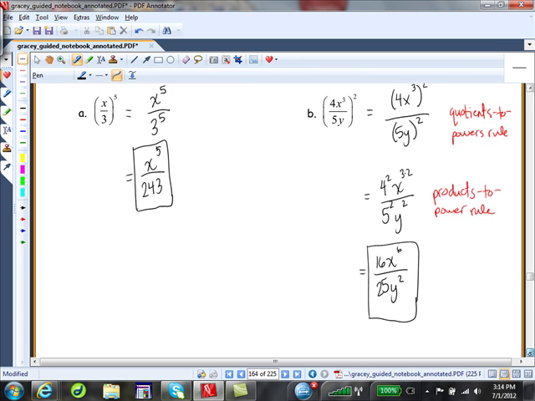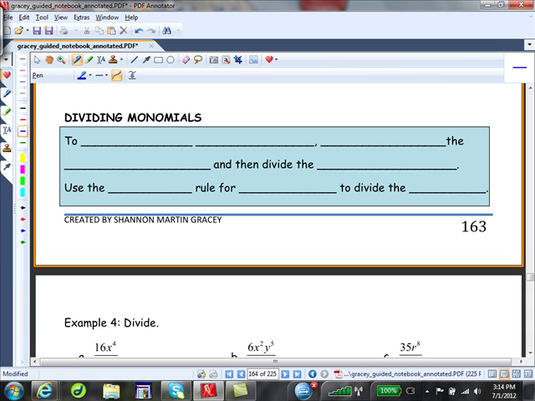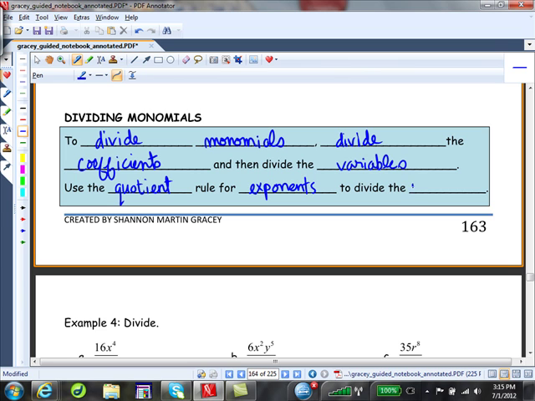Okay. Dividing monomials. To divide monomials, divide the coefficients and then divide the variables, use the quotient rule for exponents to divide the variables.